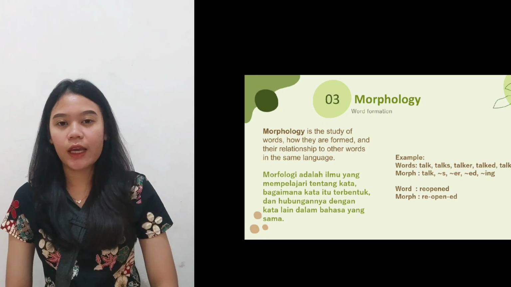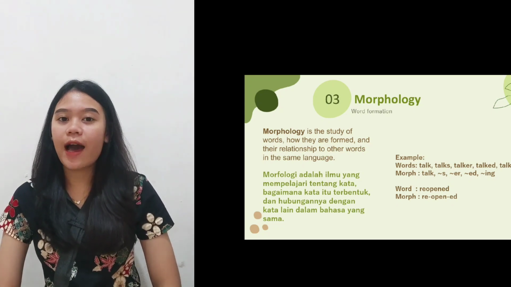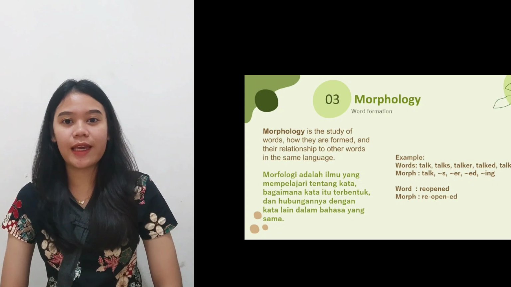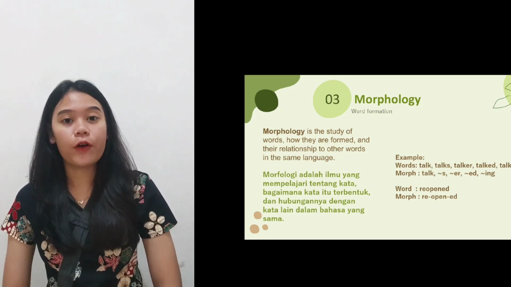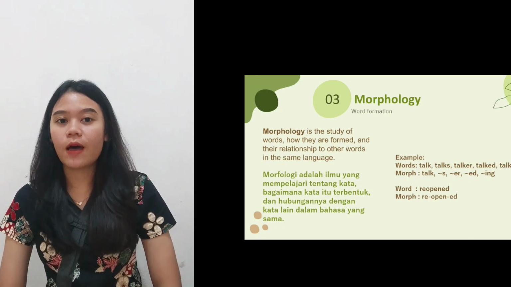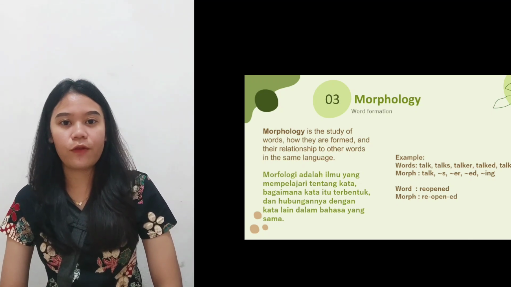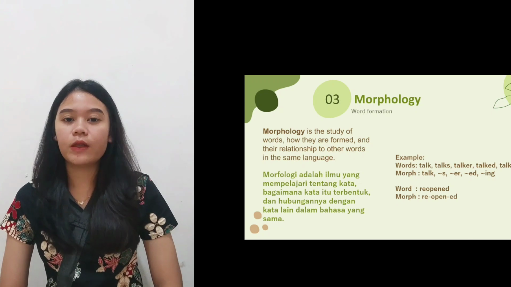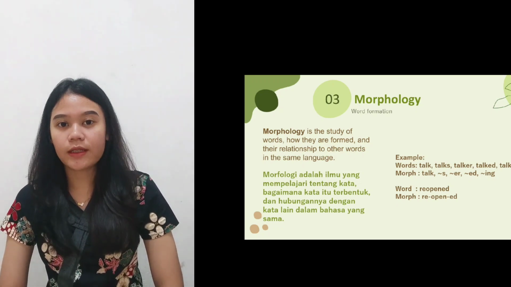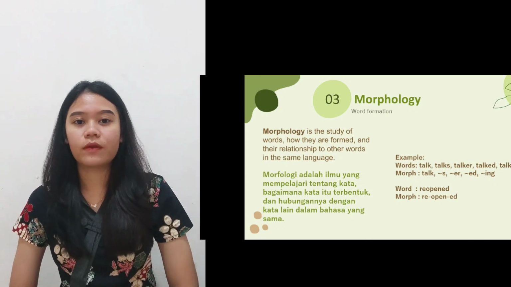Morphology is the study of words, how they are formed, and their relationship to other words in the same language. For example, the word talk. We add some suffix and prefix in front of or after the word, like thoughts, talker, talking.